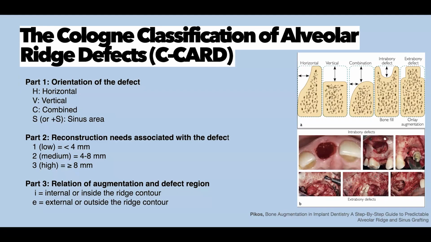Again, we're going to touch on that later, but remember this is very important, because this is one of the main factors based on which you'll decide if you can place the implant simultaneously or staged. Knowing horizontal or vertical or big or small is useful. But the real thing that points you toward the decision is the relation to the ridge contour.